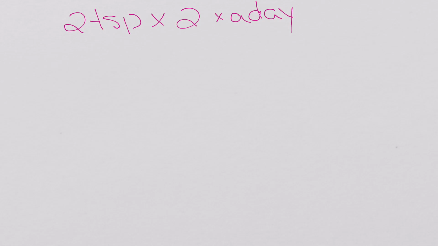So it's asking you how many milliliters will the patient take daily. Alright, so they're taking 2 teaspoons times 2 times a day. And that equals 4 teaspoons per day.